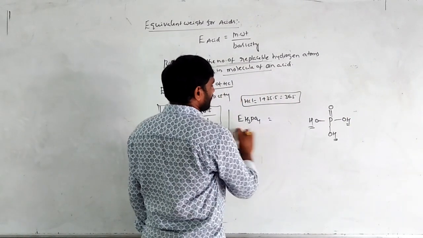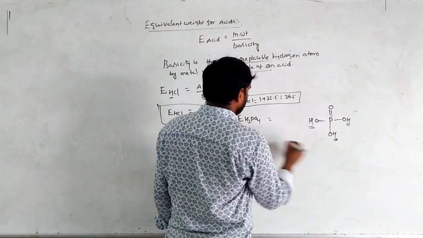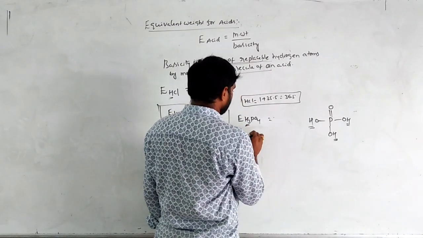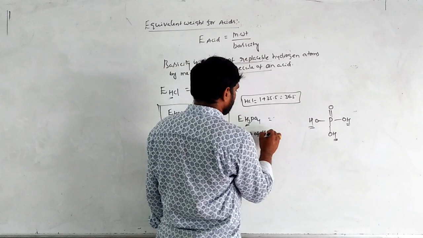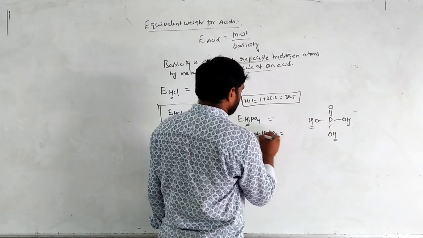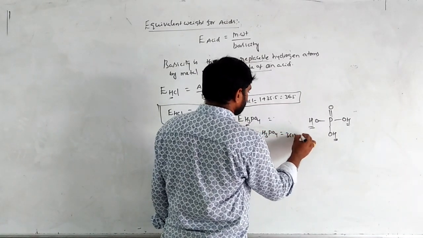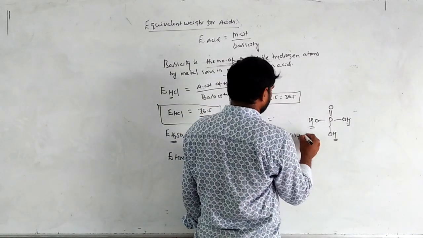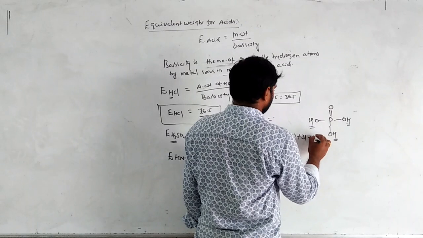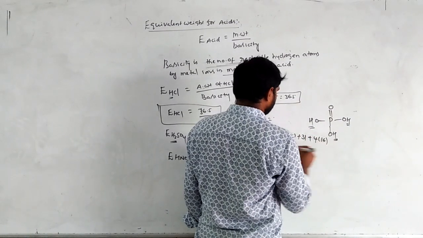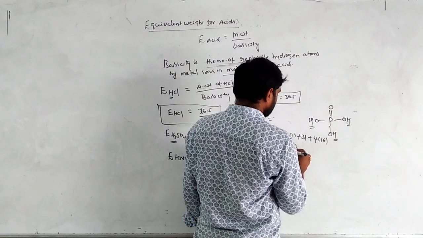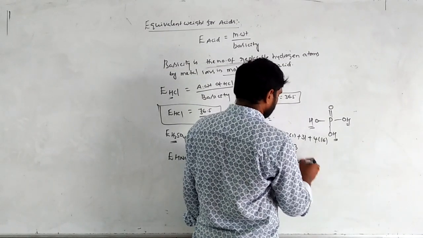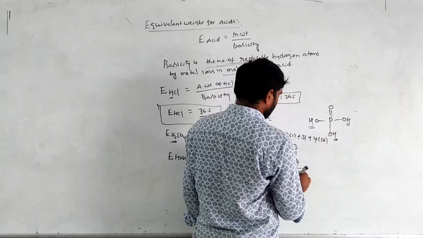So the molecular weight of H3PO4 is hydrogens 3 into 1, plus phosphorus 31, plus 4 into oxygen 16, which is 64. 3 plus 31 plus 64 equals 98.